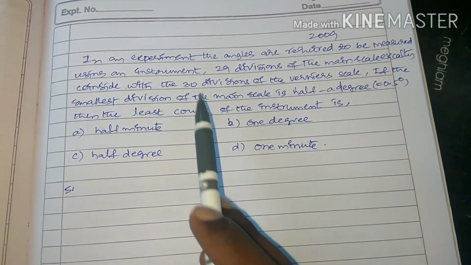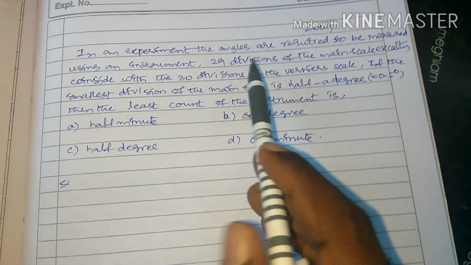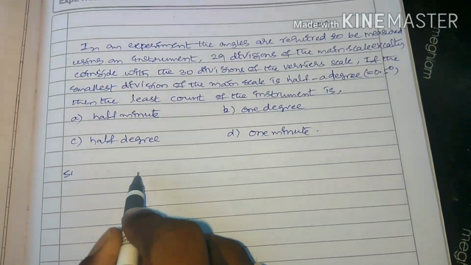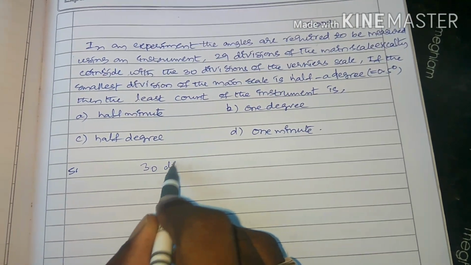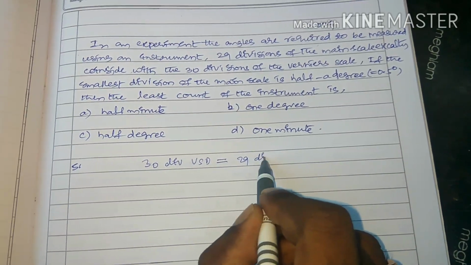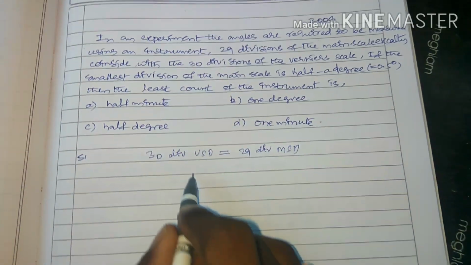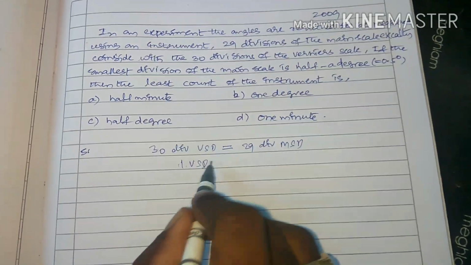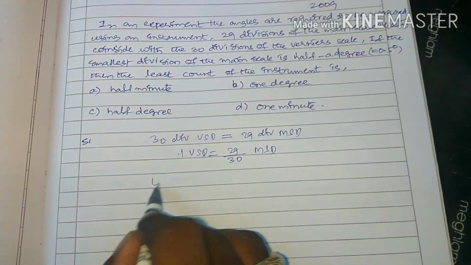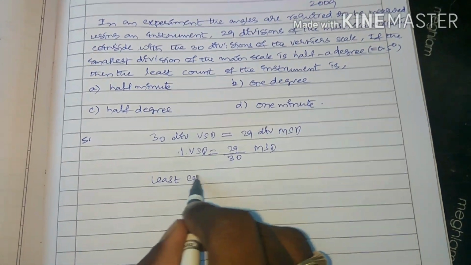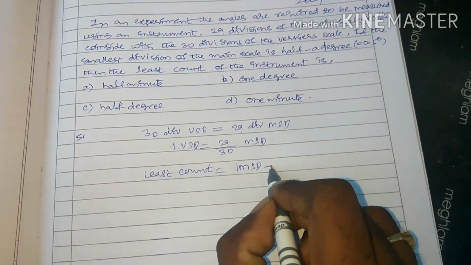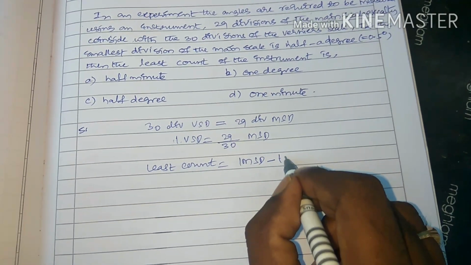So here, what was the data given to us? 29 divisions of the main scale exactly coincide with the 30 divisions of the vernier scale. So 30 divisions of the VSD is equal to 29 divisions of the MSD. So 1 VSD is equal to 29 by 30 MSD. The formula for least count of an instrument is 1 MSD minus 1 VSD.